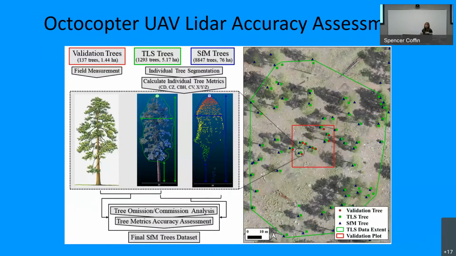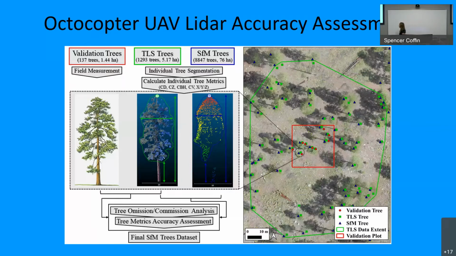Okay, so before we apply any of these data sets for any of our research questions or science applications, the very first thing that we do, and in fact, I spend half of my time doing this, is assessing and quantifying the accuracies of these data sets. From the octocopter UAV LiDAR, we're mostly interested in measuring individual tree dimensions.